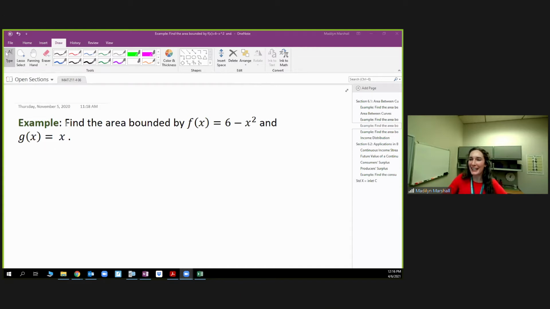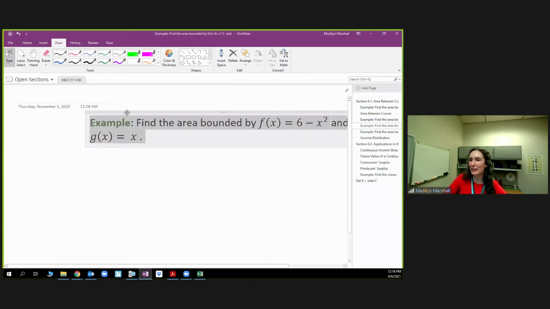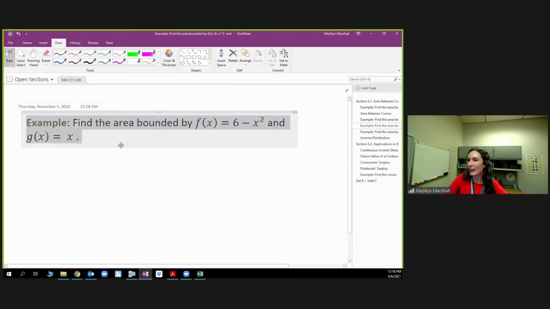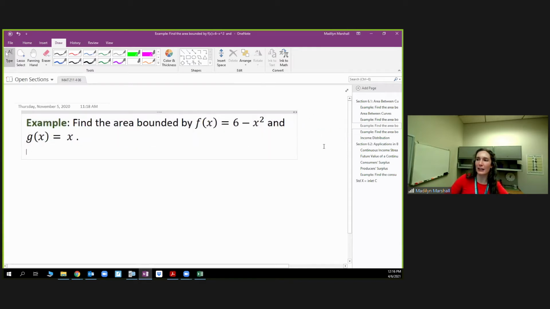All right, so next example, we want to find, oops, sorry. Find the area bounded by these two things.